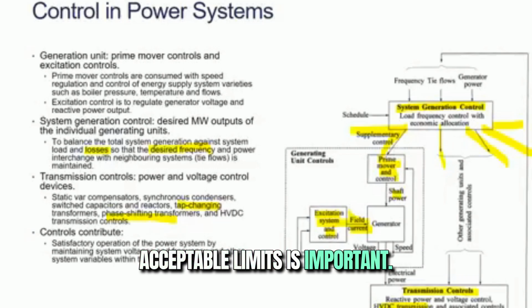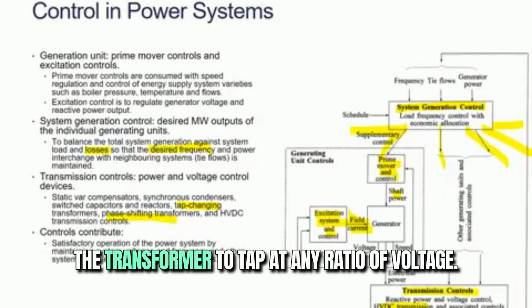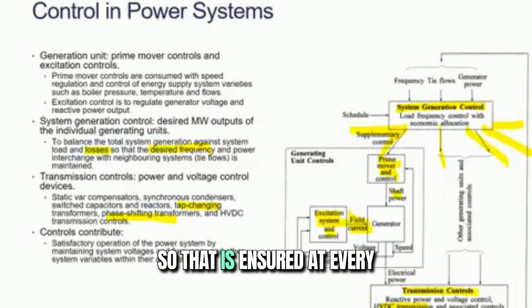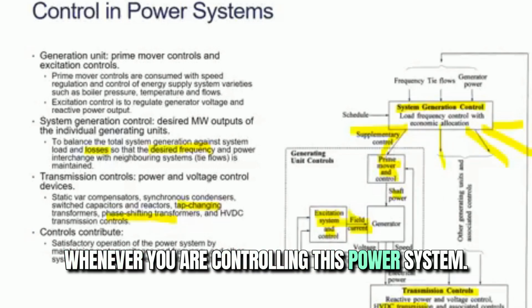Acceptable limits is important. For a transformer, we cannot tell the transformer to tap at any ratio of voltage. There is some limit or bound on that transformer, so that is ensured at every level, or at every time instance, whenever you are controlling this power system.